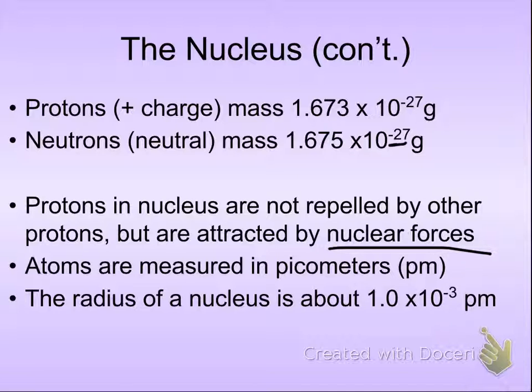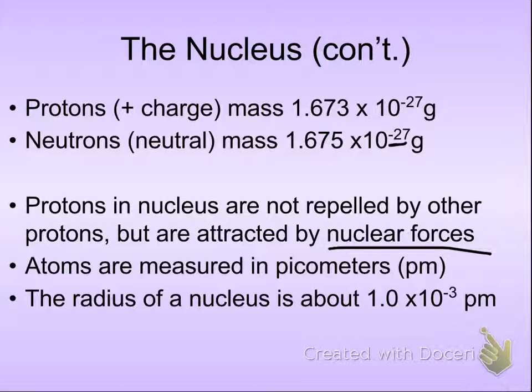There are two of the four fundamental forces of the universe. They just are. It's one of those things. Unless you're a crazy physics person, you don't question that much. So, oddly enough, protons are actually attracted into the nucleus by these nuclear forces.